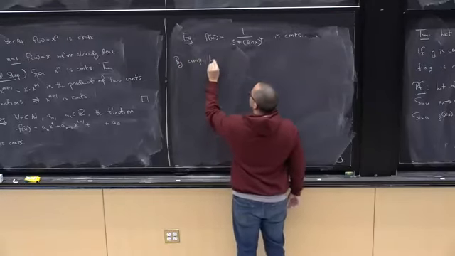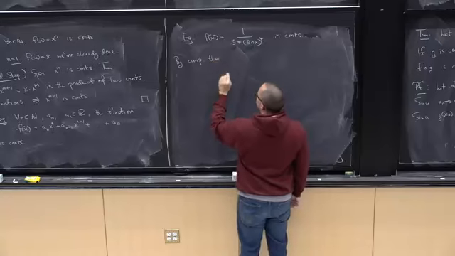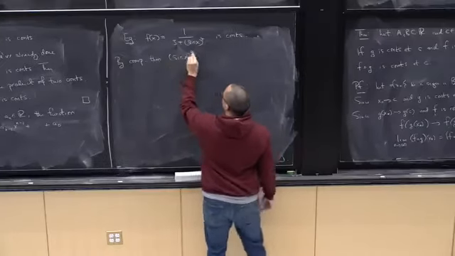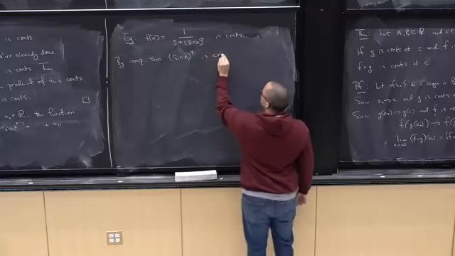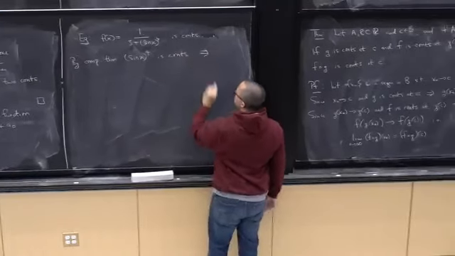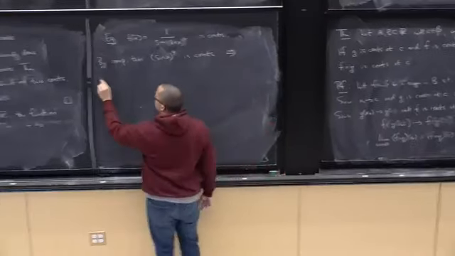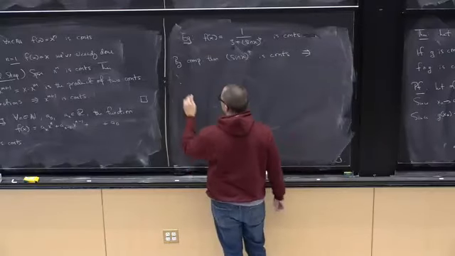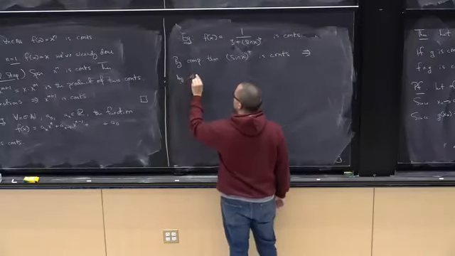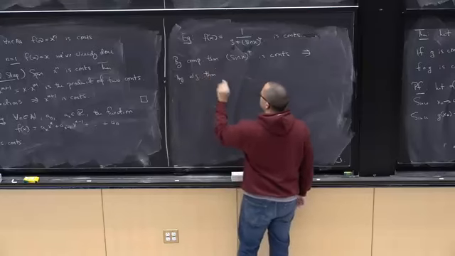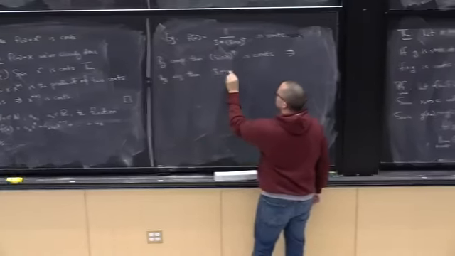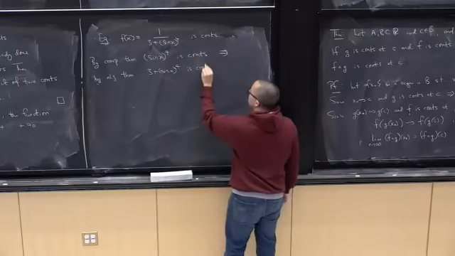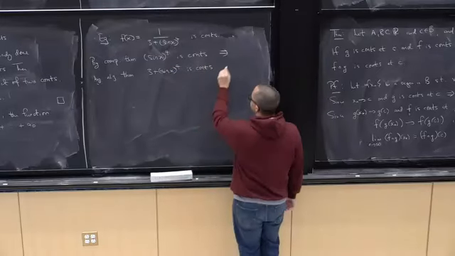I will say by composition theorem, the function sine x to the 4 is continuous, which implies by the algebraic theorem, meaning the theorem that involves algebraic operations, 3 plus sine x to the 4 is continuous.